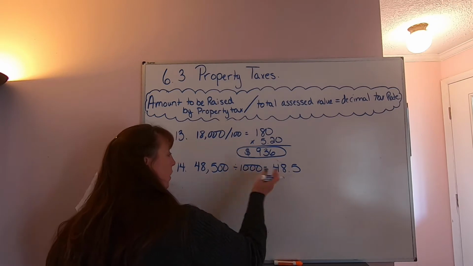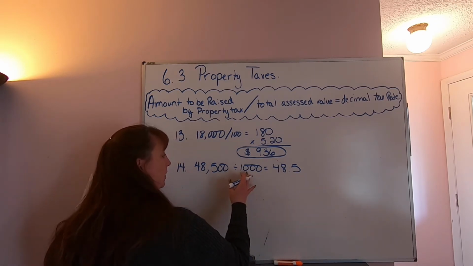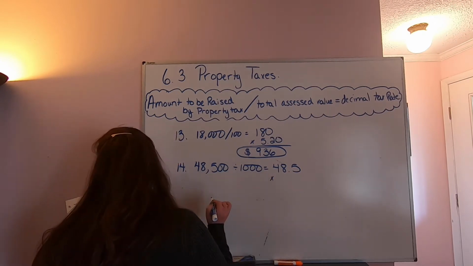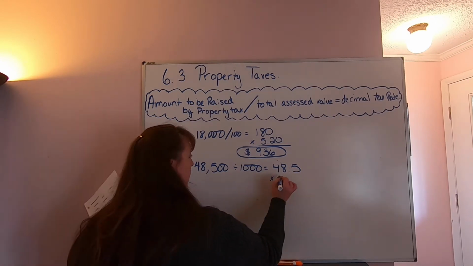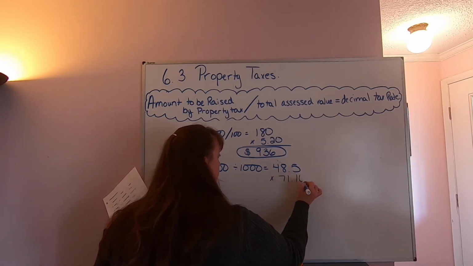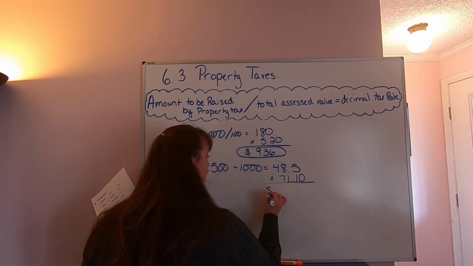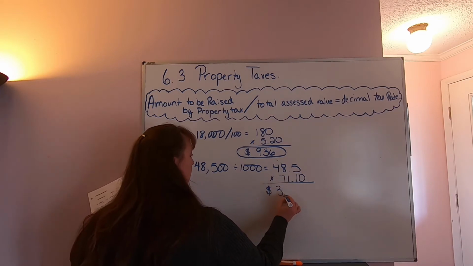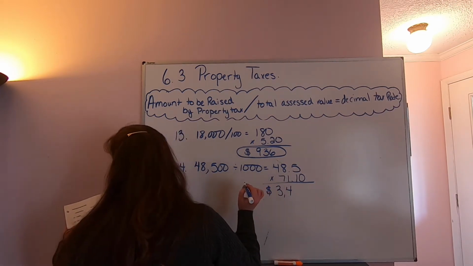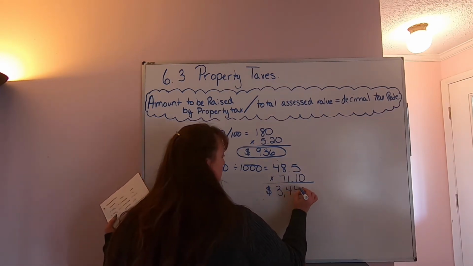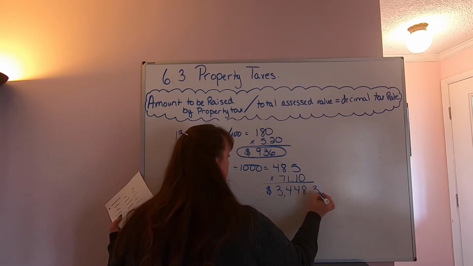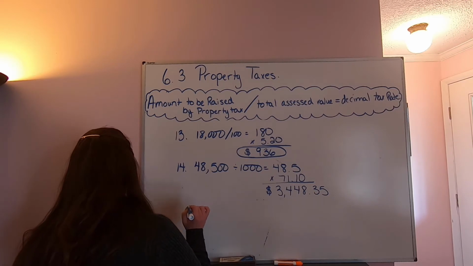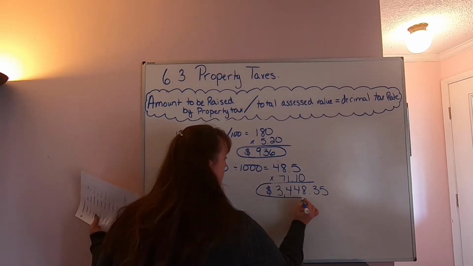So there are 48.5 thousands in 48,500. We're going to times each of those thousands by $71.10, giving us a tax of $3,448.35. That is your tax.